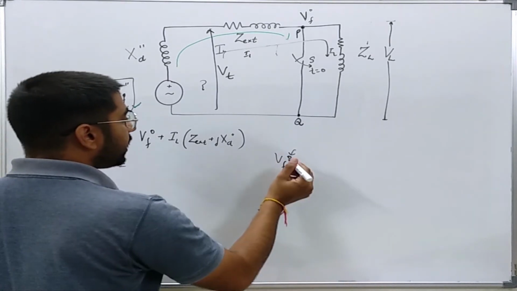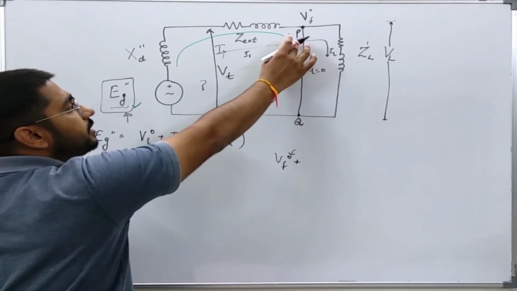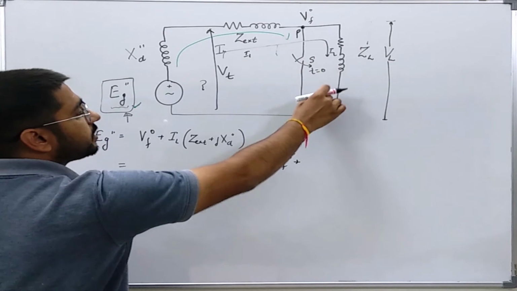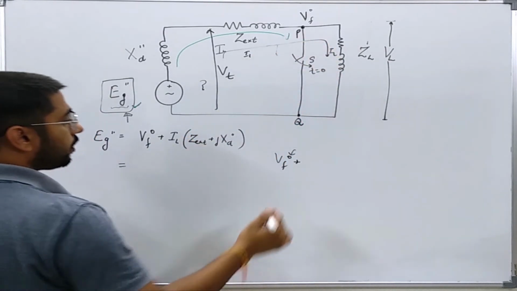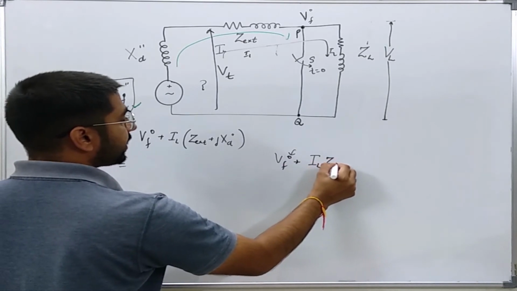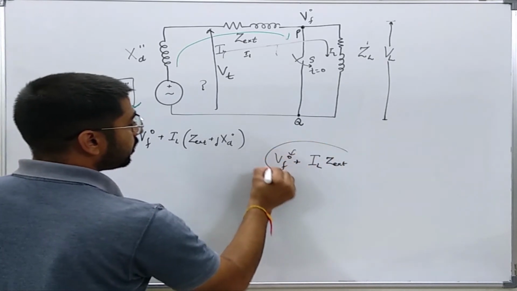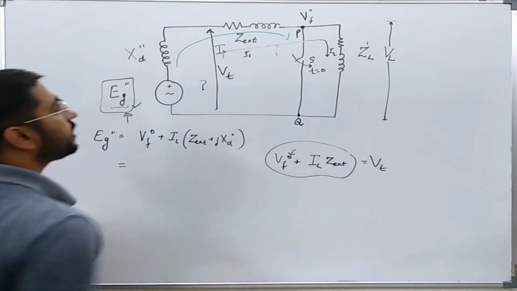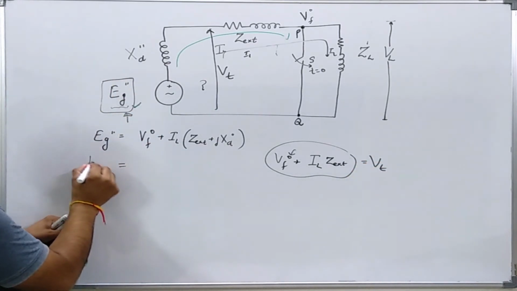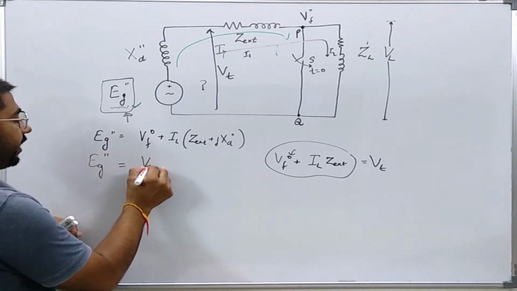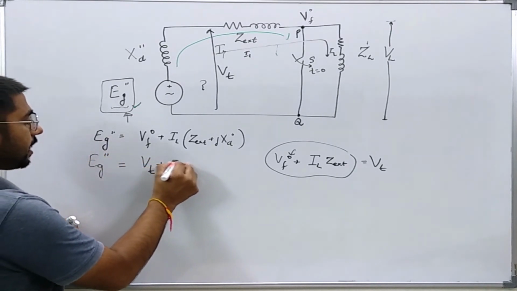Because after the fault this value can be 0 or it can be equal to IF into the fault impedance, the impedance through the fault, plus IL Z external. This is nothing but the terminal voltage. So you see that EG double dash is nothing but V terminal plus IL JXD double dash.